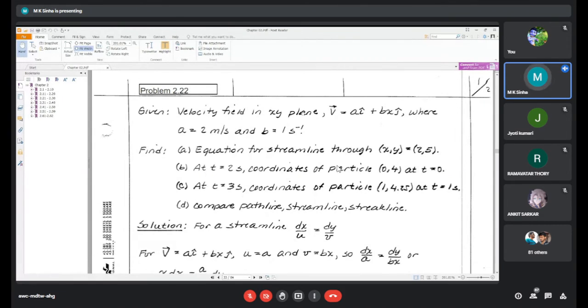What are the coordinates of the particle that passed through the point (0, 4) at t equal to 0? And at t equal to 3 seconds, what are the coordinates of the particle that passed through the point (1, 4.2) 2 seconds earlier? What conclusion can you draw about the path line, streamline, and streak line?